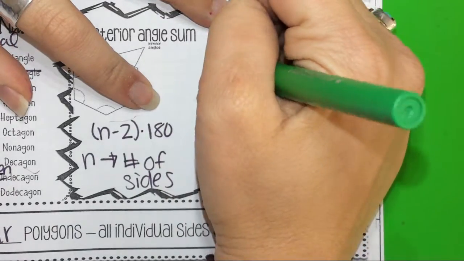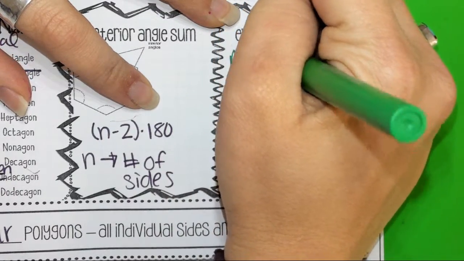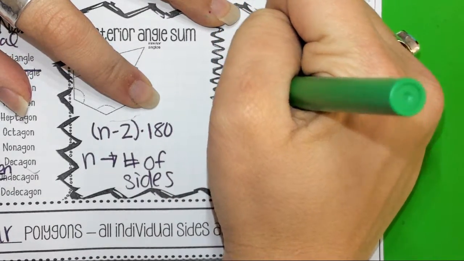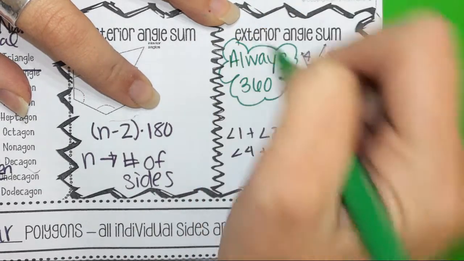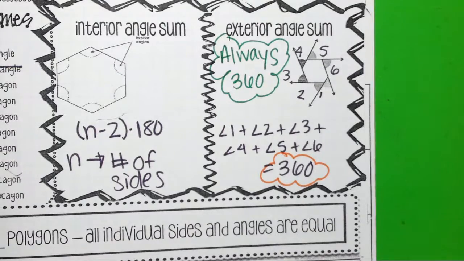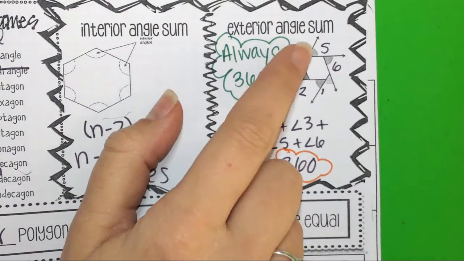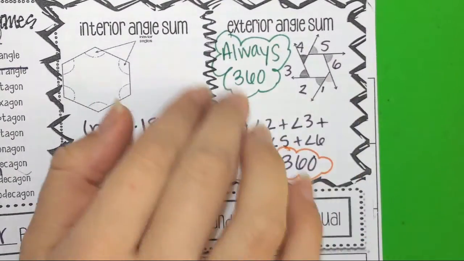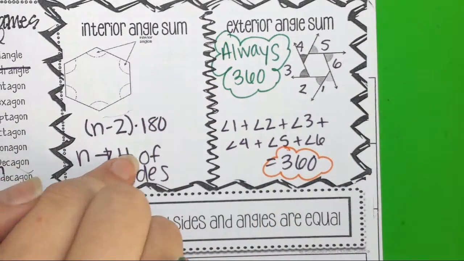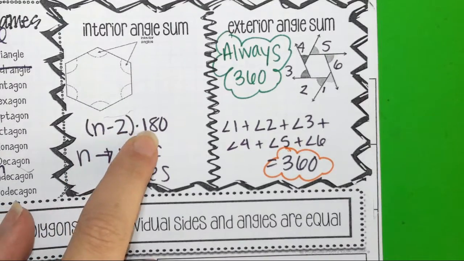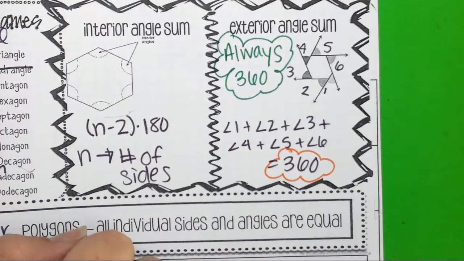So the sum of the exterior angles of any polygon is always going to be 360. For the interior angles, you do n minus 2 times 180, where n is the number of sides.